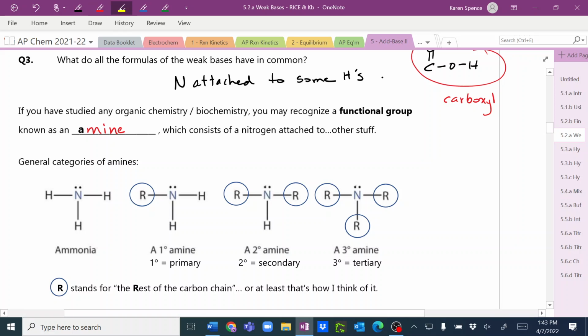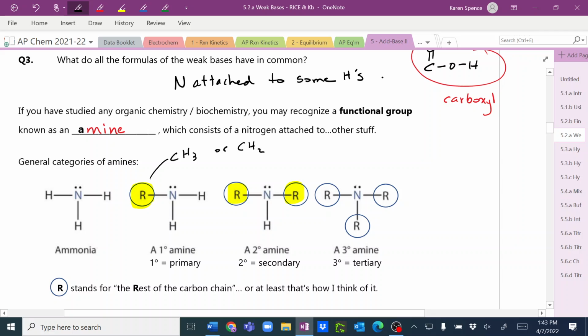If you have one group attached to it, that's called a primary amine. I think I've gotten this the right way around. If you have 2 groups attached to it, these would be like carbon groups, the rest of the molecule. So this would be like CH3 or CH2, CH3.